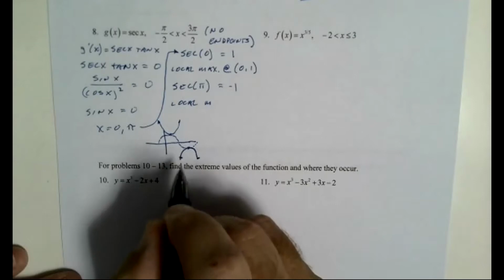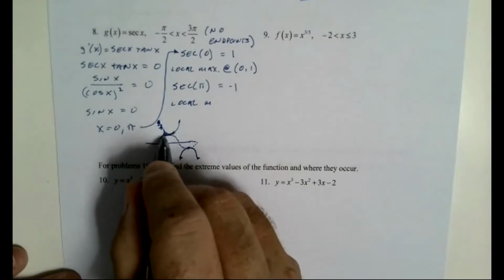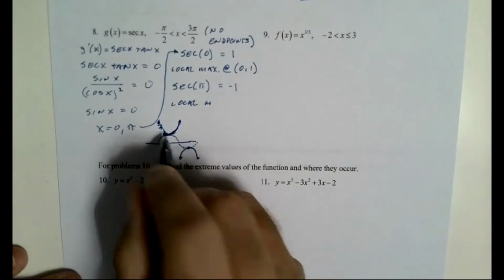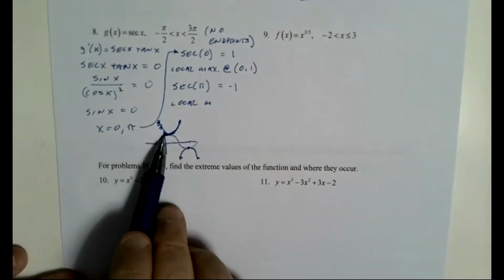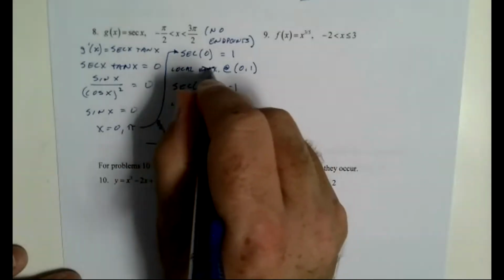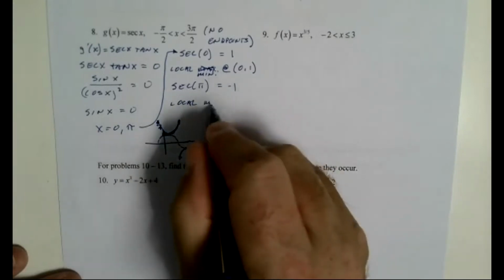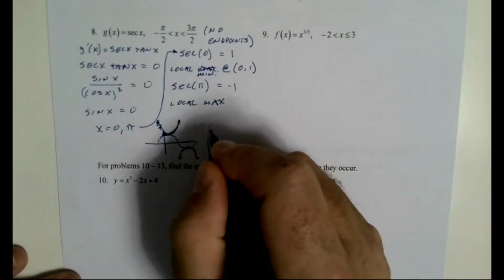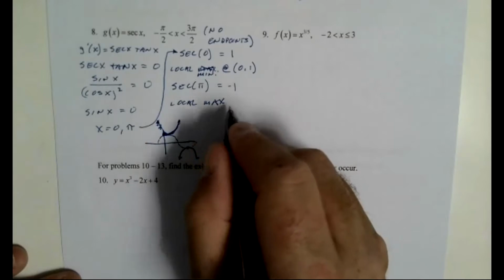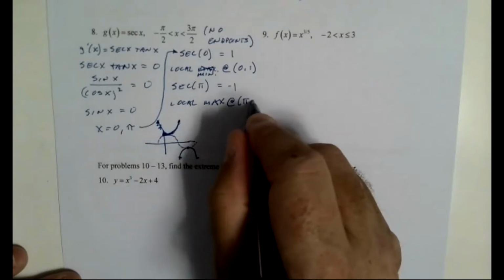This doesn't exist, and this actually hits here. Right there. All right, so that's a local min at 0, 1. The answer key is wrong. And this other one is a local max, unless I just screwed up. Nope, I didn't screw up. Local max at pi, -1.